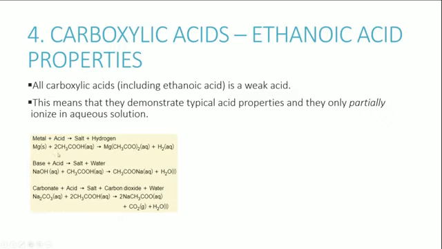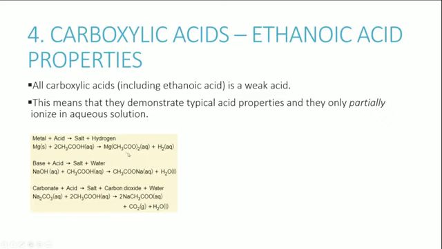The only real thing here is it's exactly the same as you do a normal acid plus metal reaction. For example, if you have magnesium added with ethanoic acid, you'll actually get magnesium ethanoate as the salt.